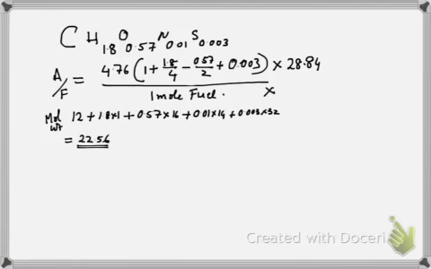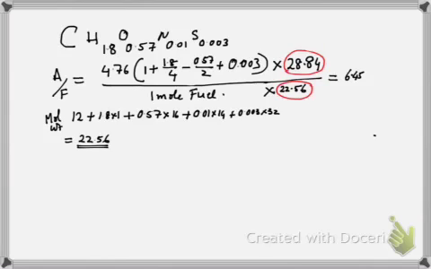Now we multiply by the molecular weight of air and divide by the molecular weight of fuel, 22.56. The air to fuel ratio, if you do the math, comes out to be 6.45.